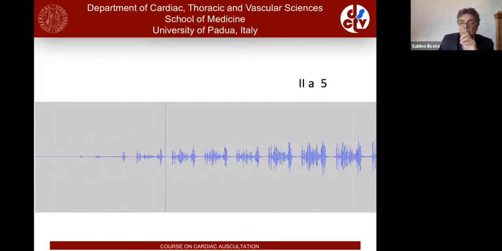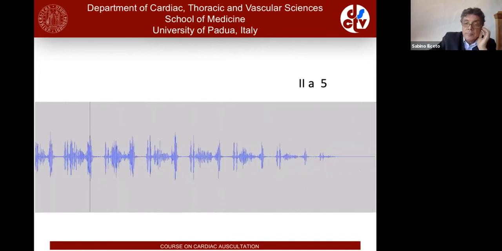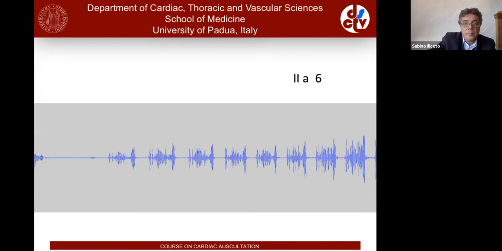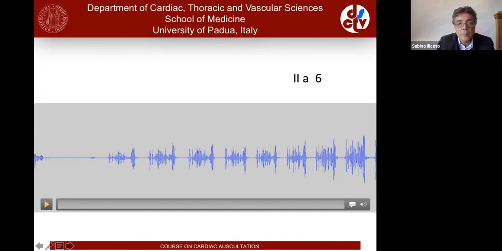Exercise. This is another example of physical exercise, the same system as before.